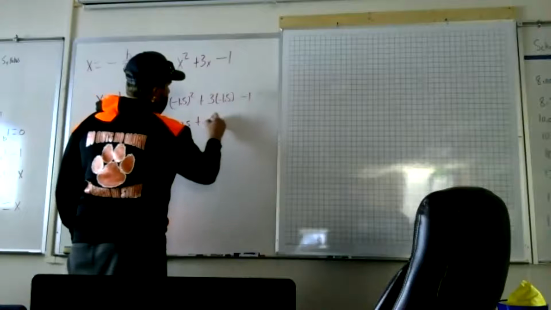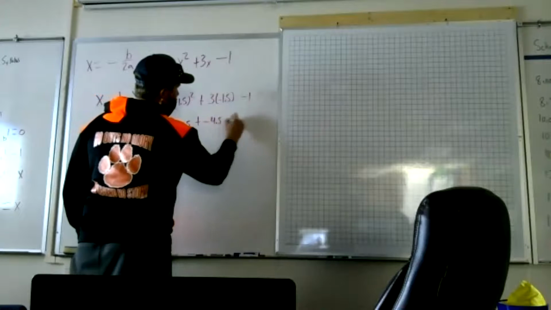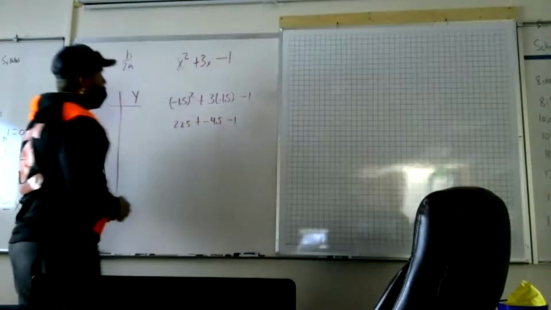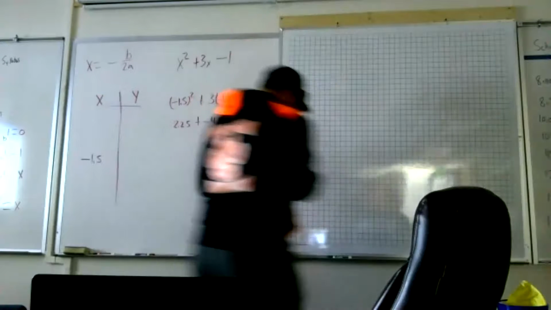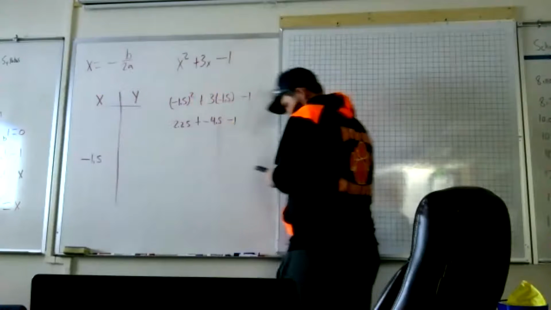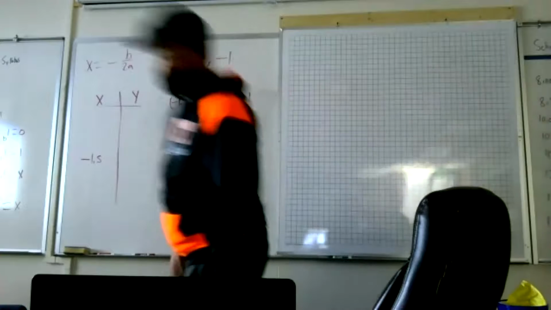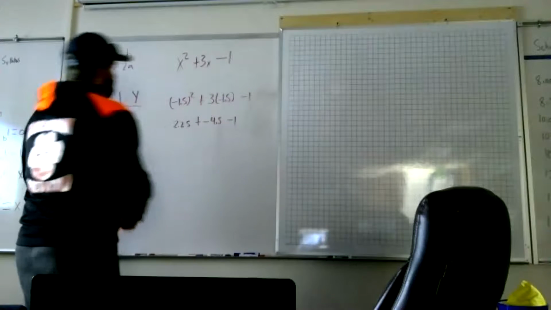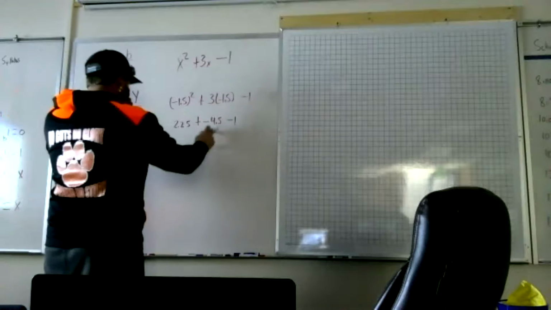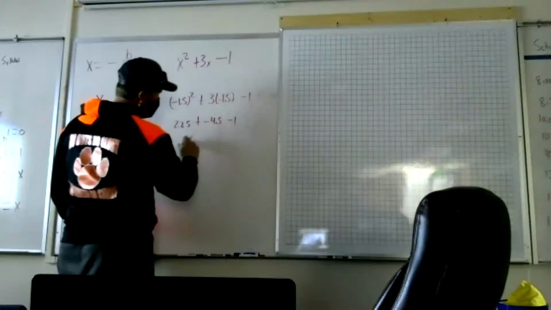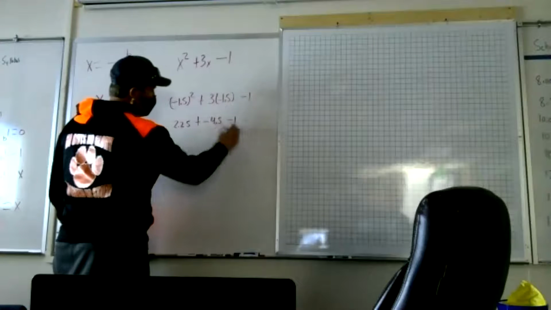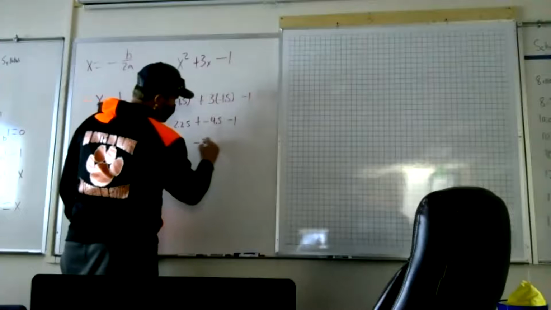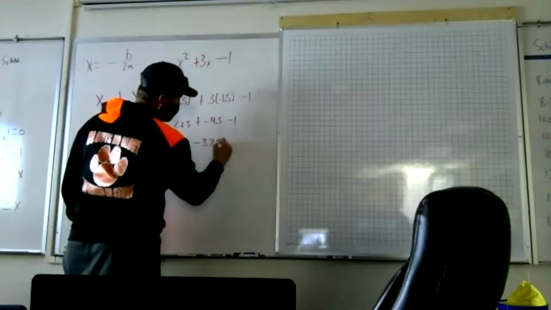Let me double check to make sure that I'm right on my square. Yep, 2.25. So then I can begin to just solve it. 2.25 plus a negative 4.5 gives me a negative 2.25, minus 1 gives me a negative 3.25.